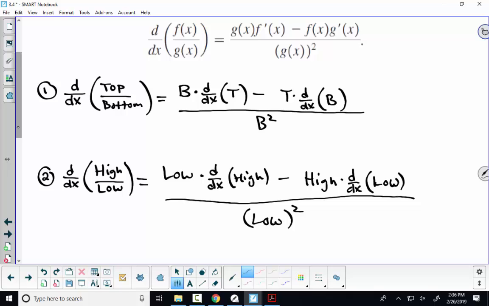So unfortunately with the product and quotient rules, that's as nice as we can get them. Depending on what the function is, the derivative may simplify. It just really depends. Sometimes the high and low is read as low D high minus high D low over low squared. So whatever.